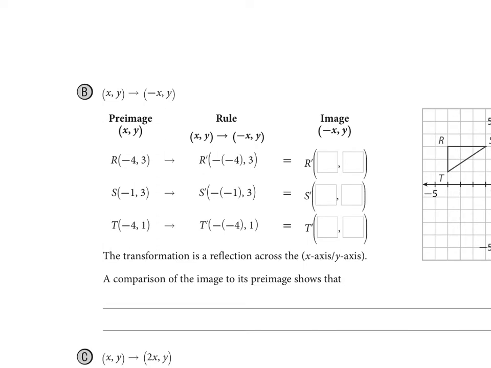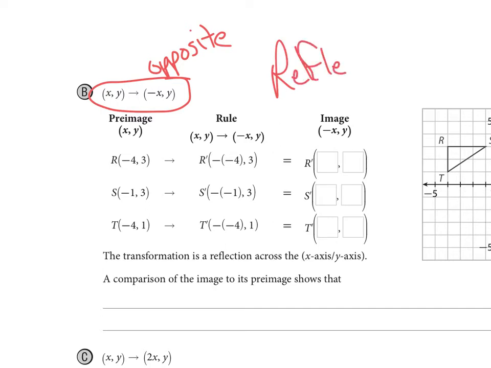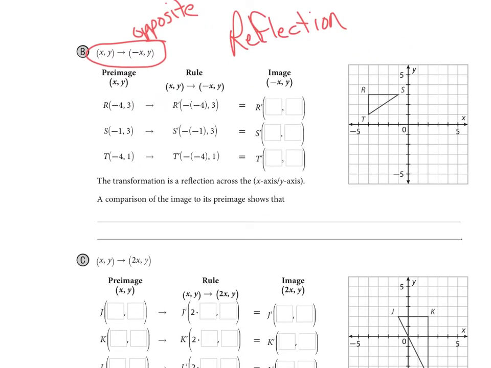Okay, so the next one, 32, says xy goes to, and I'm not going to say negative x, I'm going to say opposite x, y. And this is a reflection. So you can see that this would become 4, 3, 1, 3, and 4, 1. And if we plotted those points, we would get this. And you can see that this was reflected over the y-axis, right?